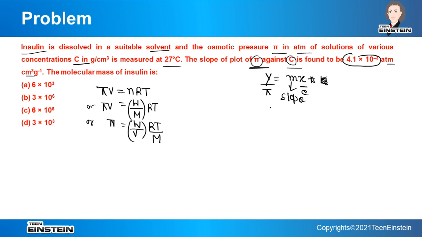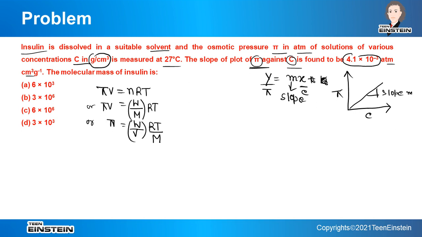So y is pi, that is in the y axis we will take pi, and in the x axis we will take c. Suppose the graph is like that, then here the slope is m, pi versus c. Now another thing which is somewhat different in this problem is that concentration is given in gram per centimeter cube unit.